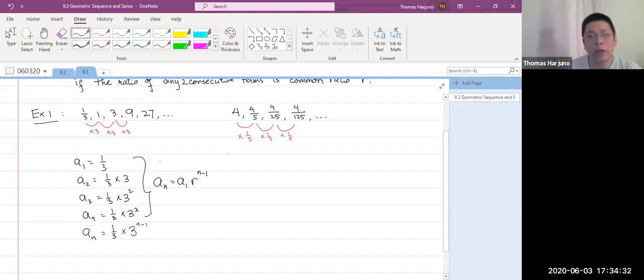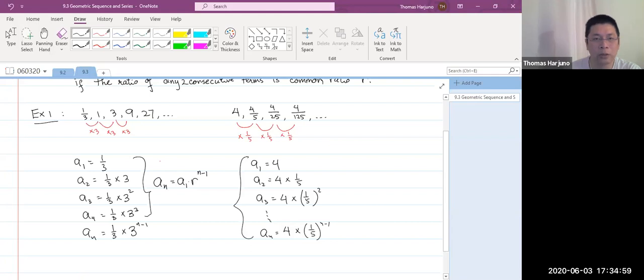Okay, we can apply the same idea here. You see that the first term is 4, the second term is 4 times 1/5, the third term is 4 times 1/5 squared, right? And if you go on further, then you will see the nth term is 4 times 1/5 to the n minus 1.